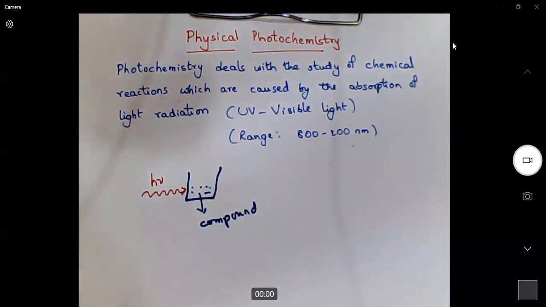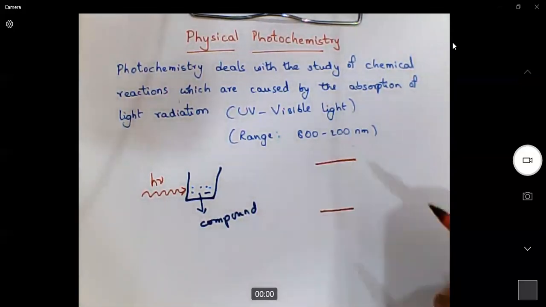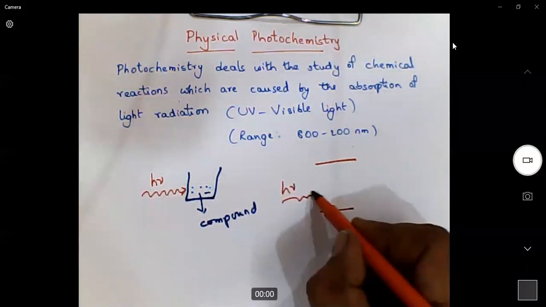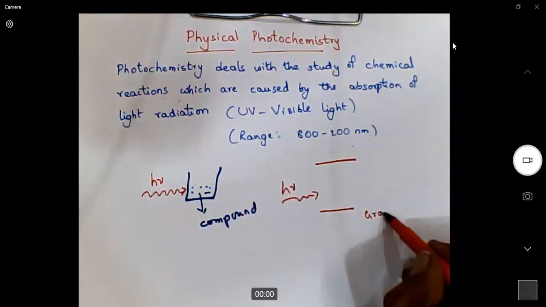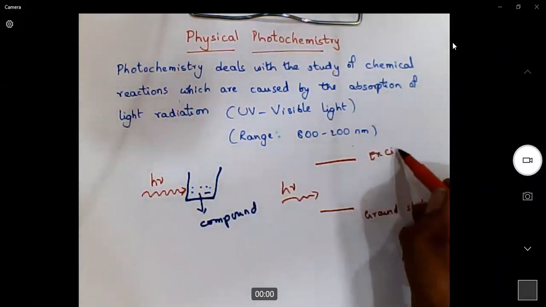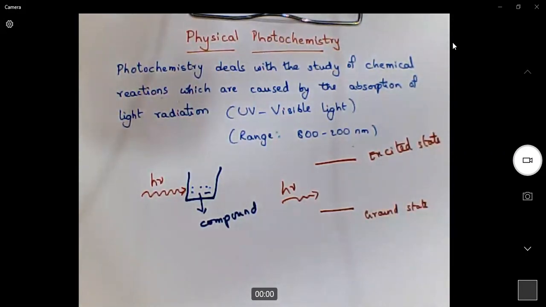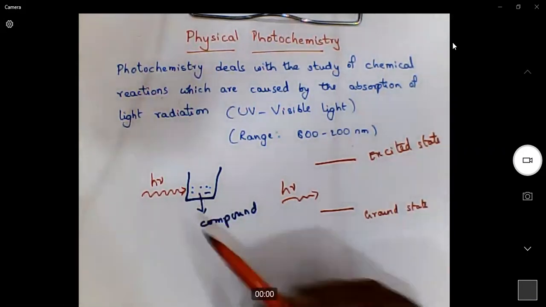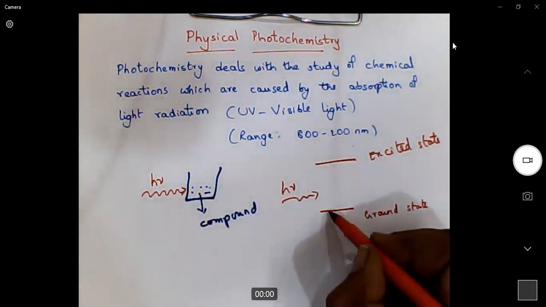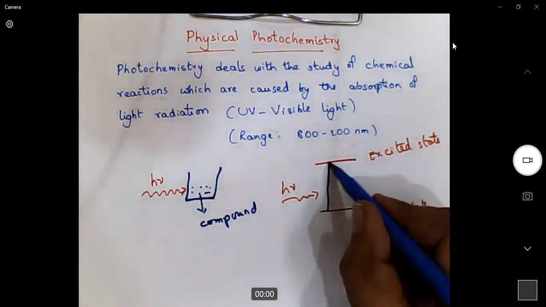And another reason is that when the molecule absorbs UV visible light, it excites an outermost electron from the ground state to the excited state.